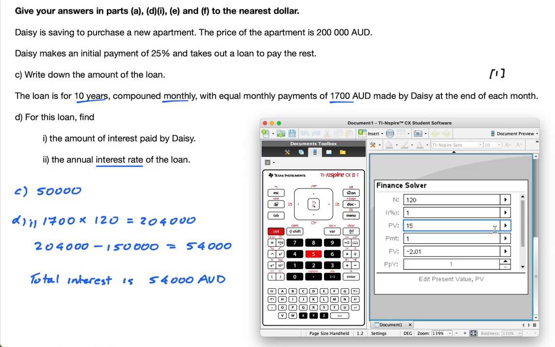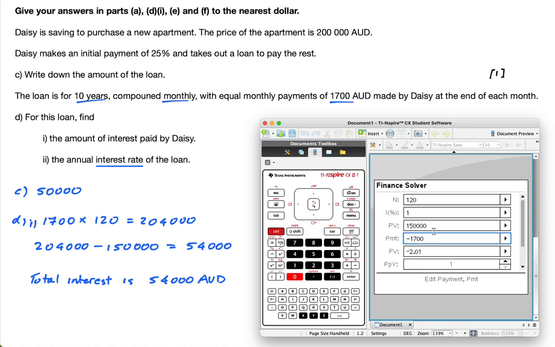Now I put in 150,000 as a positive value, and I put the payment, which is 1,700, as a negative value. I go with if the money's moving away from you, like the payment, you put in a negative. If the money's coming towards you, like you're receiving the loan, you put a positive. But the mark scheme actually has that as negative and that as positive.